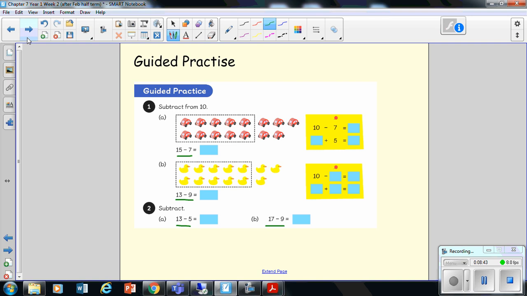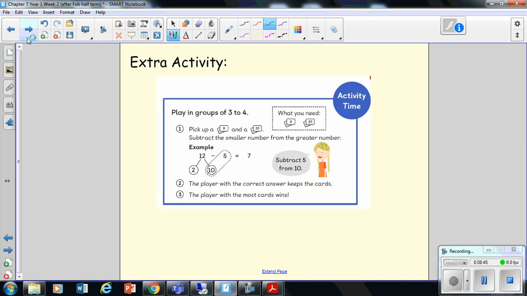When you have finished, you are going to have an extra activity saved up for another part of this lesson, or another part of today when you're finished with your maths and all other learning. Okay, so your extra activity is to play it in groups of 3 to 4 people. You will need number cards, okay, a single digit number and a 2-digit number.